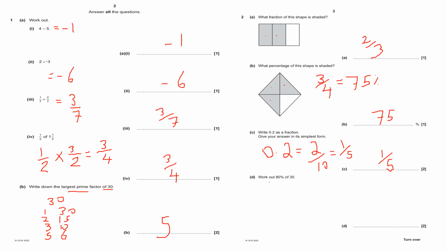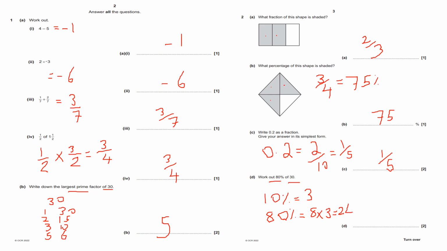Part D, work out 80% of 30, so percentage of an amount. I'm going to work out what 10% is. 10% of any quantity means I divide it by 10, so that'll be 3. 80% will be 8 lots of 10%, so 8 lots of 3, which is equal to 24.